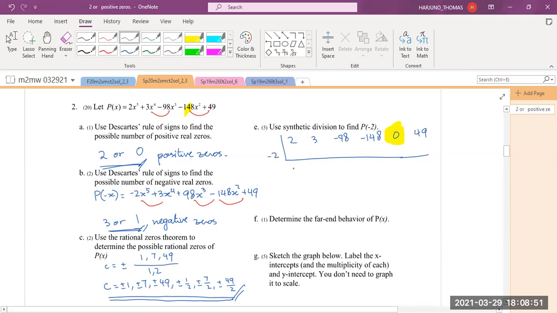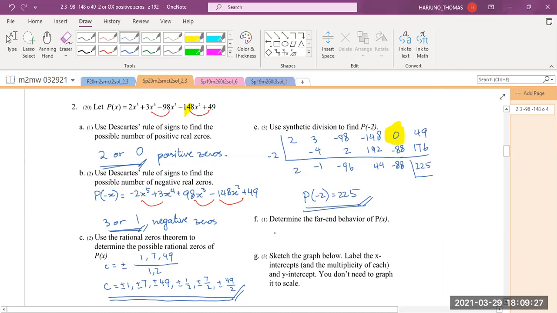Okay, -2. 2, -2, that's -4, -1 times 2, that's 2, -96 becomes positive 192, that will be 44, is it right? 44 times -2 is -88, that's 176, so this is 225. So P(-2) is 225.